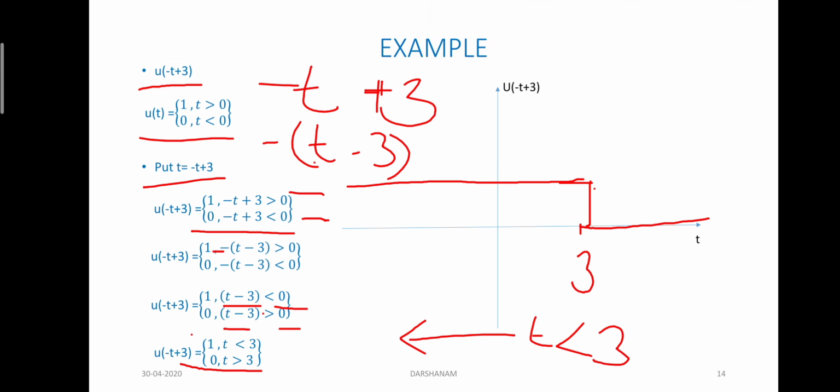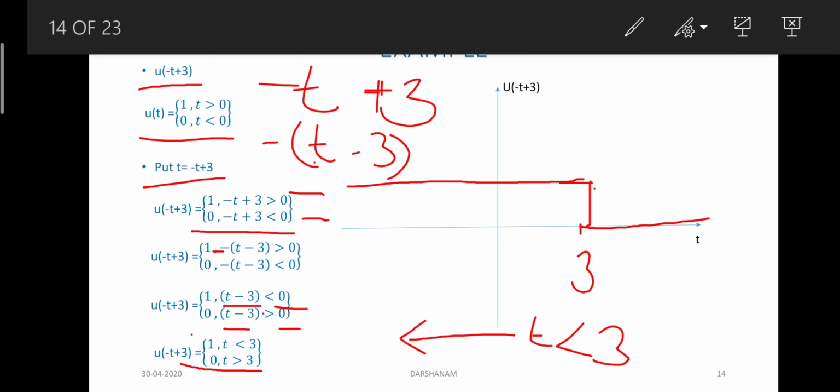From what we see in this example, we must know, if a question arises with u of t or u of t plus 3 or u of t plus 5 or u of minus t plus 3, whatever it is, where the discontinuity is.